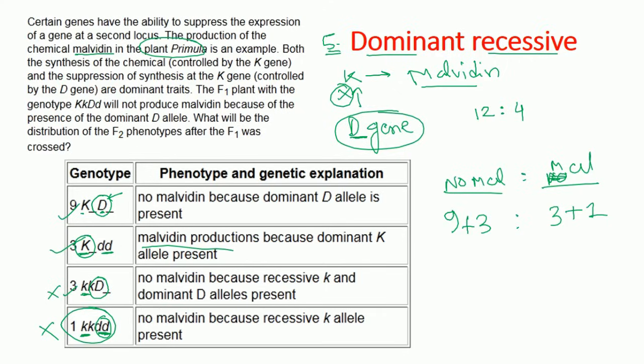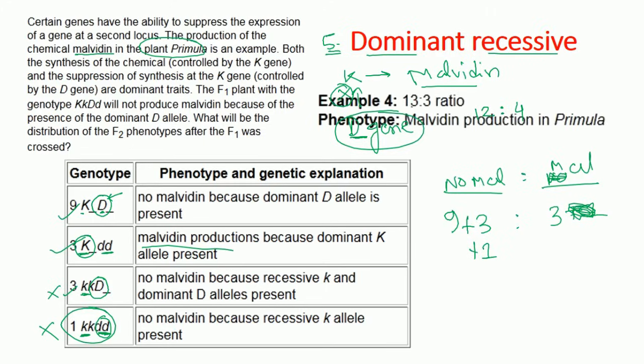So no malvidin production should go here. Okay. So no malvidin will be produced. So let's put +1 here, and we now get the ratio of 13:3. 13 will produce no malvidin, 3 only produce malvidin.